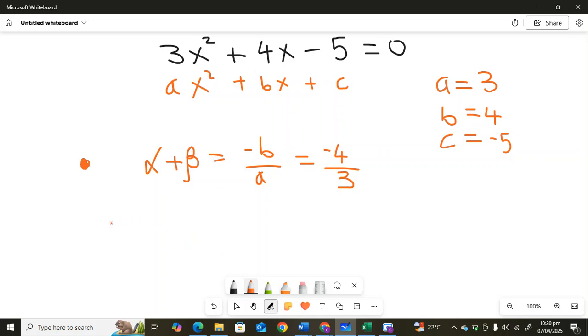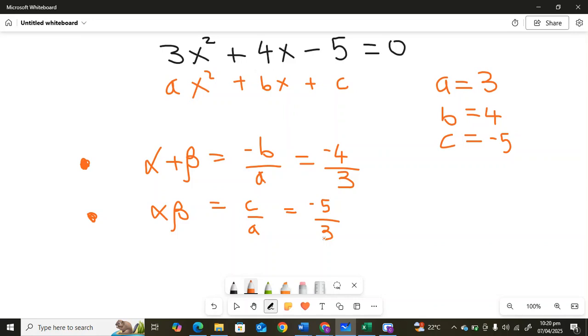Next you get the product of the roots. Alpha multiplied by beta equals c over a. c is negative 5, a is 3.